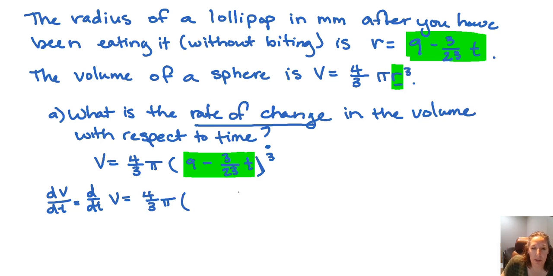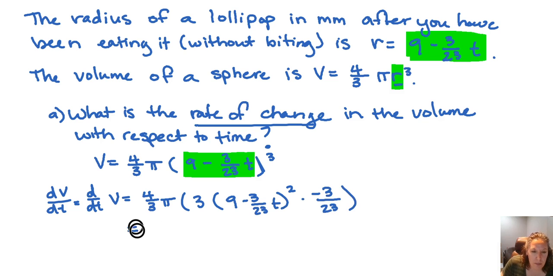And then the derivative of something cubed is 3 times that something squared. In this case, our something is 9 minus 3 over 23t. But because that is not just our variable, our t value in there, we need to multiply by the derivative of that inside, which is negative 3 over 23.